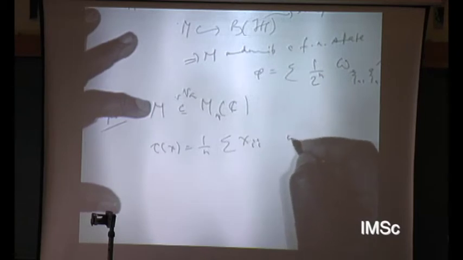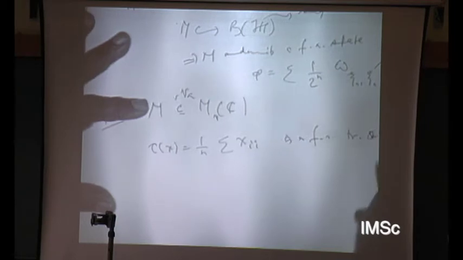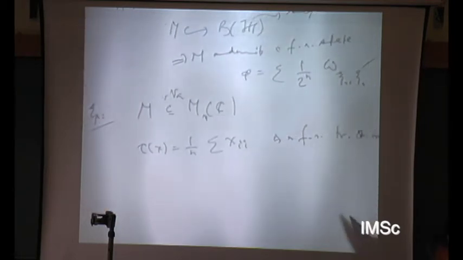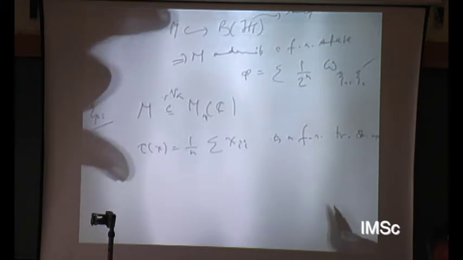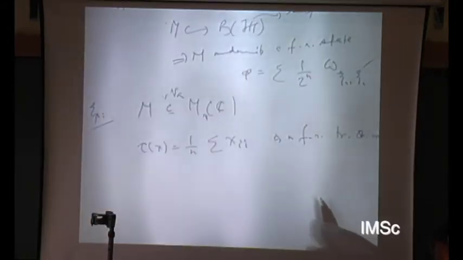Okay? Is a faithful normal. But it depends on the representation. You have taken any phi and you have got an Mn(C). So you will get different xi. When it's independent of H, you have to do that. I'm saying that it can be represented on B(H) in finite dimensional H. That's all I'm saying.